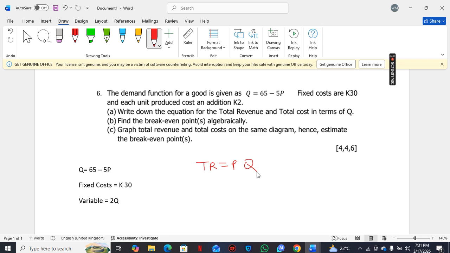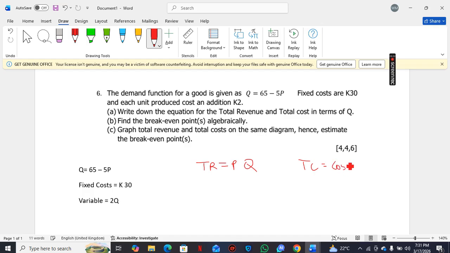If you sell fritters for 5 kwacha and you've sold 100 fritters, 5 times 100, 500 kwacha is your total revenue, right, colleagues? Then total cost. Yes, sir. Total cost is the cost per unit times quantity.